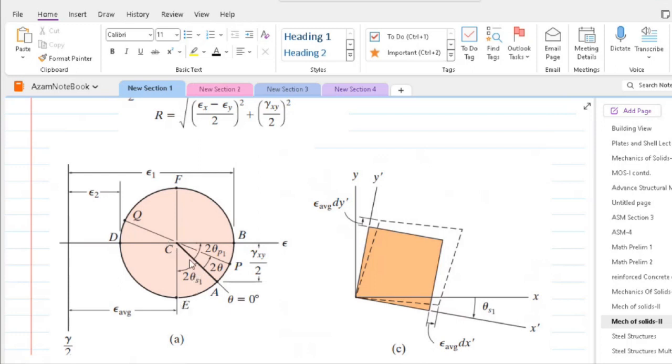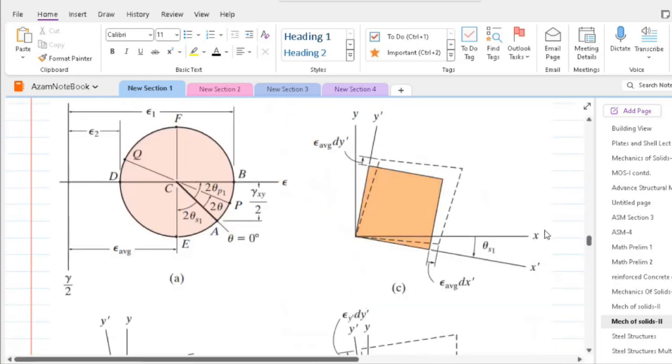In the current case, from our reference point CA, the shear plane is oriented at 2 theta s1 in clockwise direction. So from the x-axis, the actual angle between the normals to the plane is theta s1 in clockwise direction.